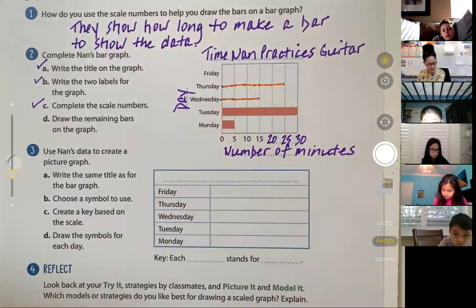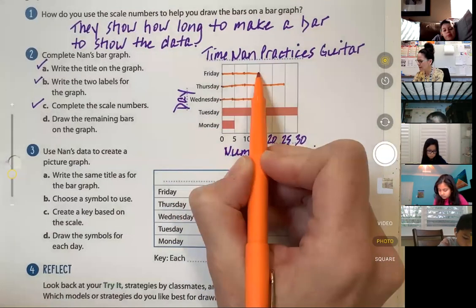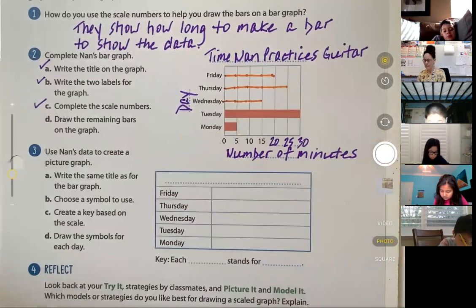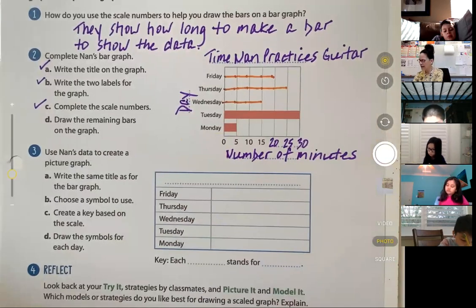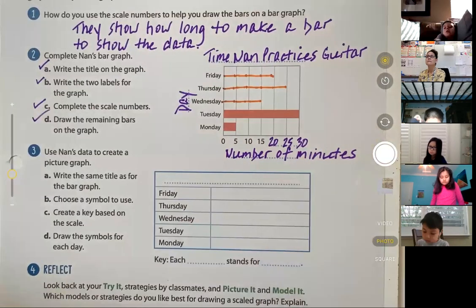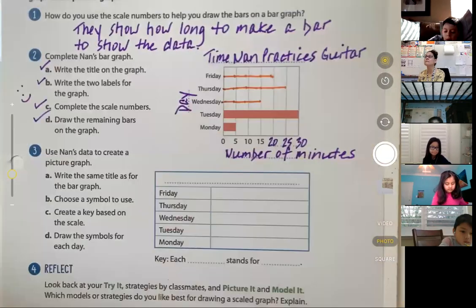And then on Friday, today, she practiced 20 minutes. 5, 10, 15, 20. Excellent. And so that bar graph is done. And then I give myself a little smiley face because they make me happy. I'm all done.